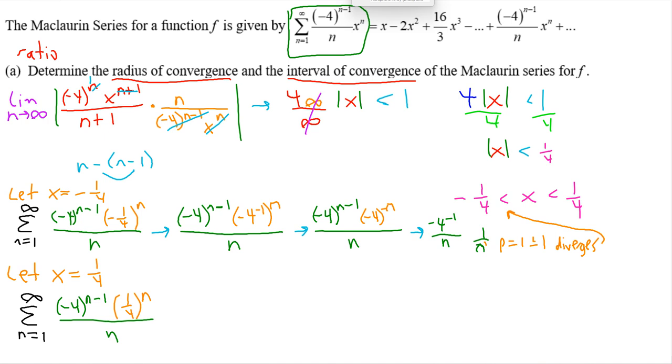And we can use a similar strategy here. Except this time, this is going to be 4 to the -1, and we want this base to be 4. So we can actually split this up into -1 to the n minus 1 and 4 to the n minus 1.